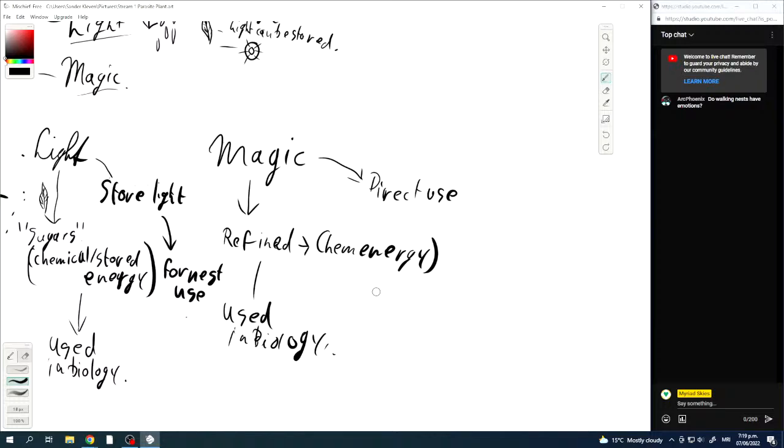Oh, hello again, Arcphoenix. Do walking nests have emotions? Simple answer, yes. Because all of its member species tend to have emotions, I imagine. I think it would be very difficult to consider how those emotions would work. Like, they can of course feel distressed. They can feel saddened about things.